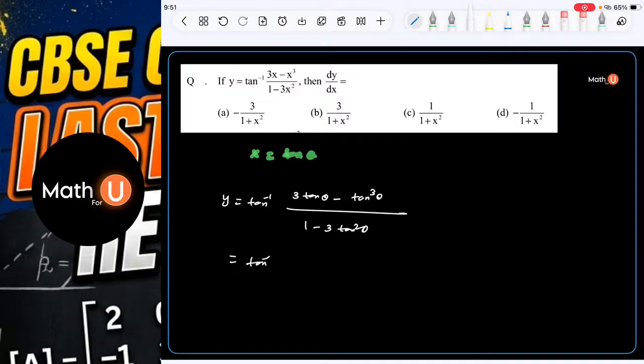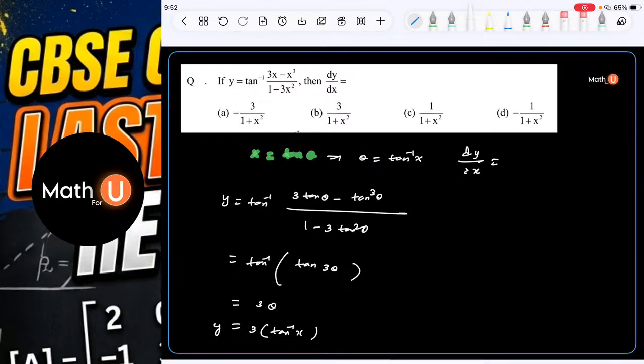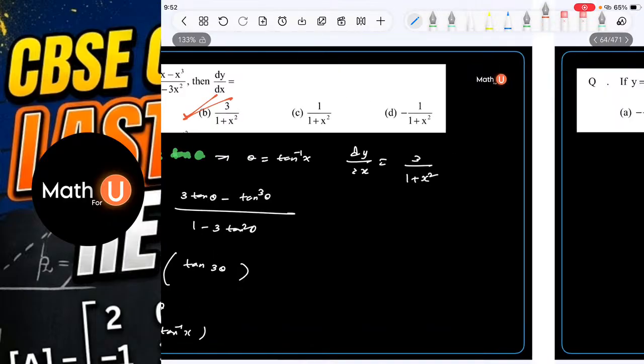That is nothing but tan inverse of tan 3 theta. Tan inverse gets cancelled, we get 3 theta. From here theta is equal to tan inverse x, so y is 3 times tan inverse x. Differentiate this one, dy by dx equal to 3 by 1 plus x square. Then option B is the correct answer.